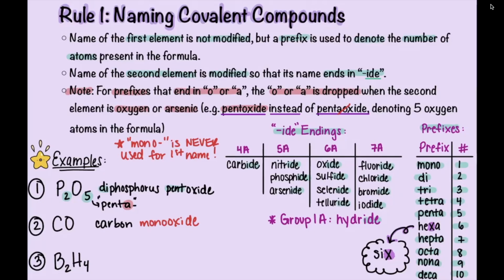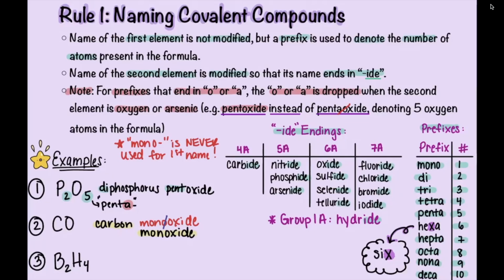You're right, it's monoxide. Again, if you have a prefix that ends in an O or an A, you have to drop it if the second element starts with an O or an A. So mono ends in an O and oxygen starts with an O, so we can't have two O's back to back like that. So we drop the O at the end of mono to get carbon monoxide.